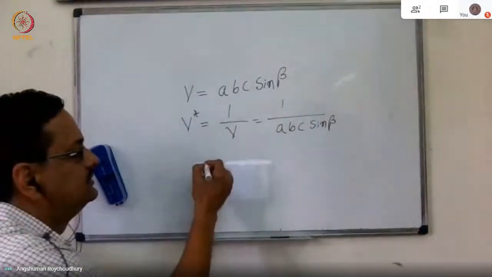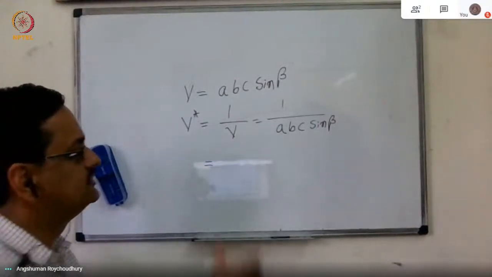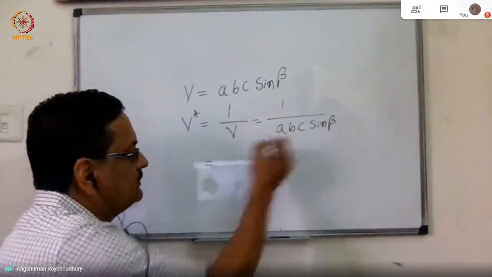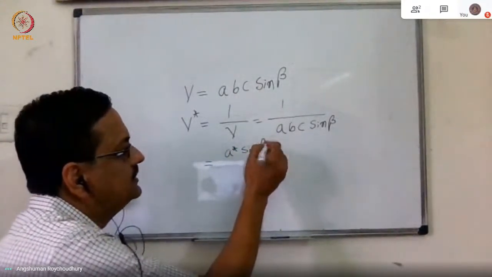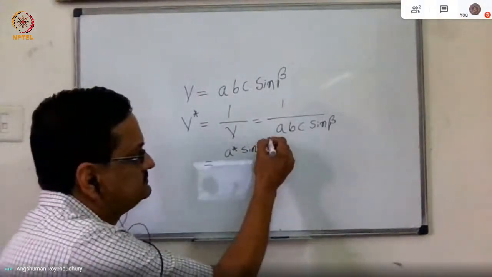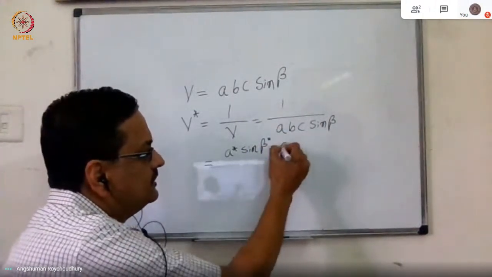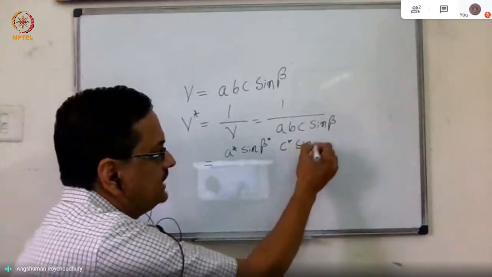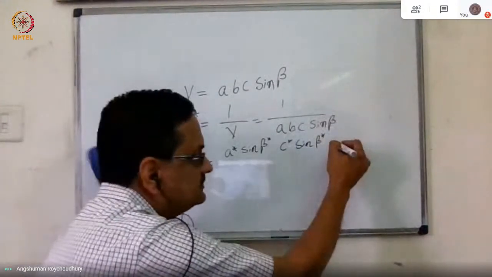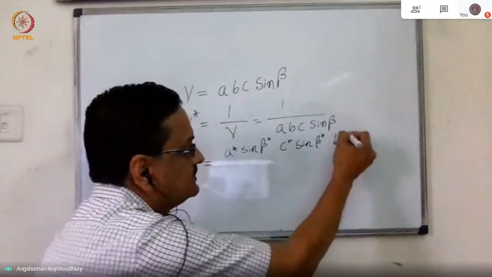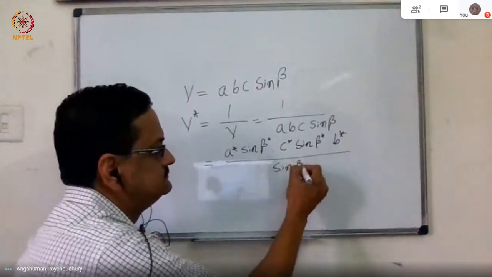And then, in terms of reciprocal unit cell dimensions, this 1 by a is nothing but a star sin beta star. This 1 by c means c star sin beta star, and 1 by b is nothing but b star, and we still have sin beta.